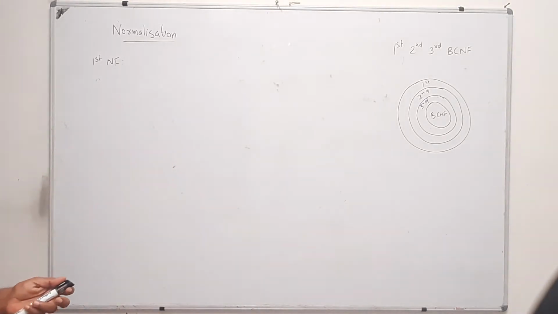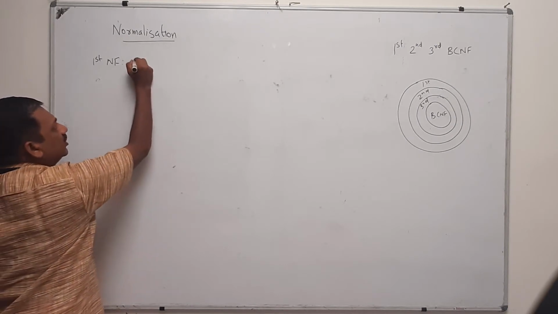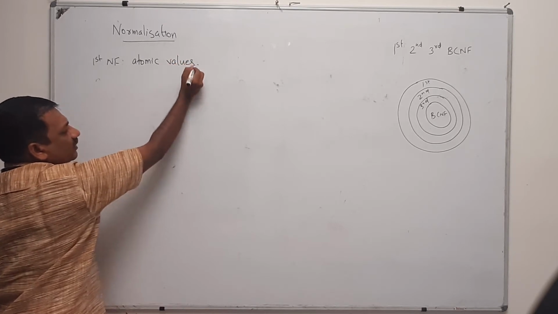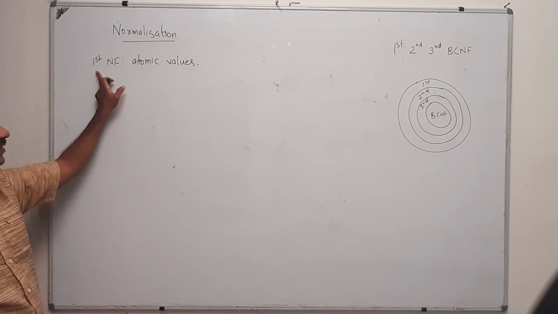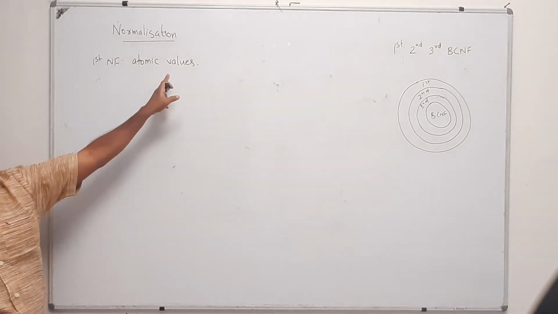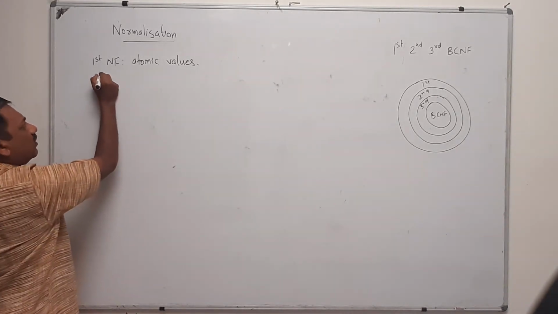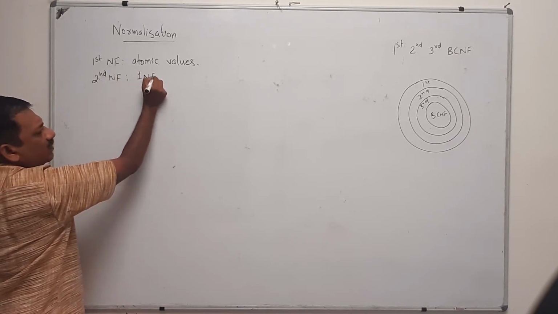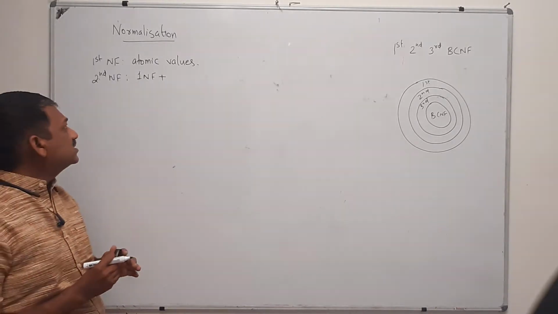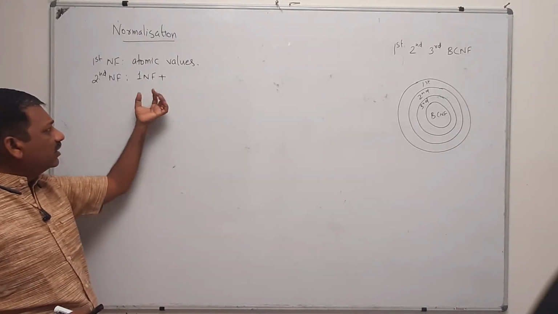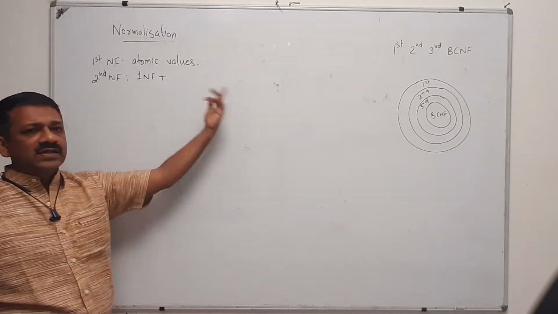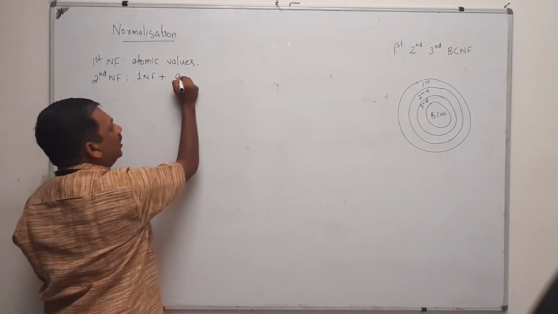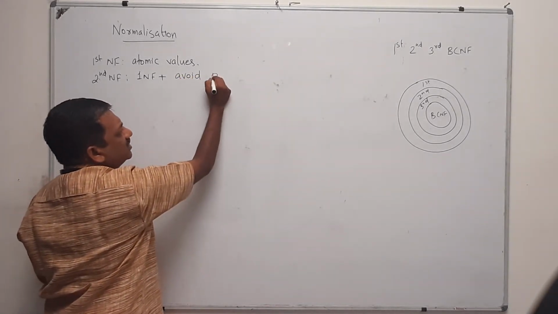Second normal form is first normal form plus some condition, that means avoid partial dependency.